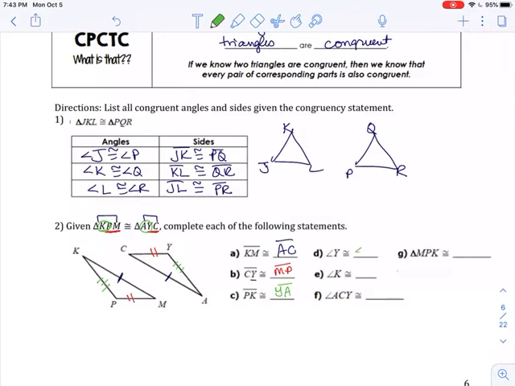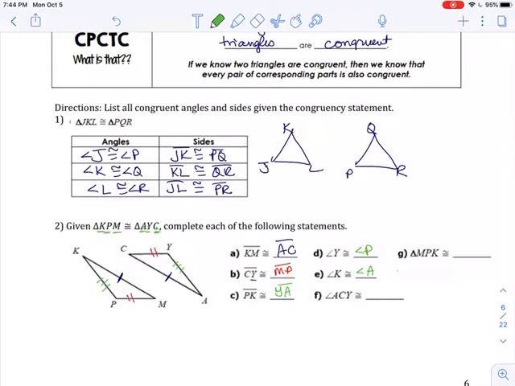Angle Y is congruent to angle P, because Y is the second letter and P is the second letter. Angle K is congruent to angle A. They're both the first letter. And angle ACY might be a little bit harder. ACY is first, third, second.